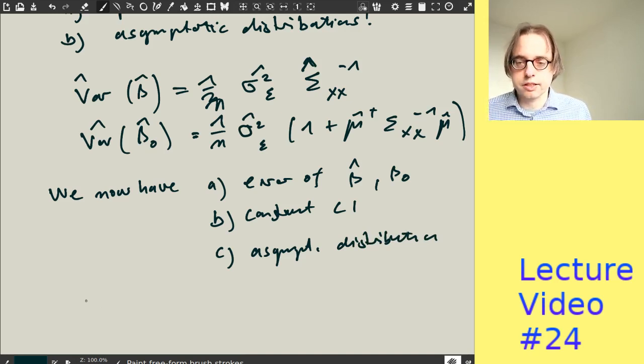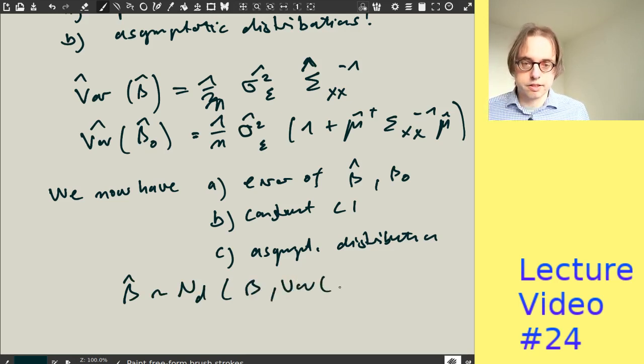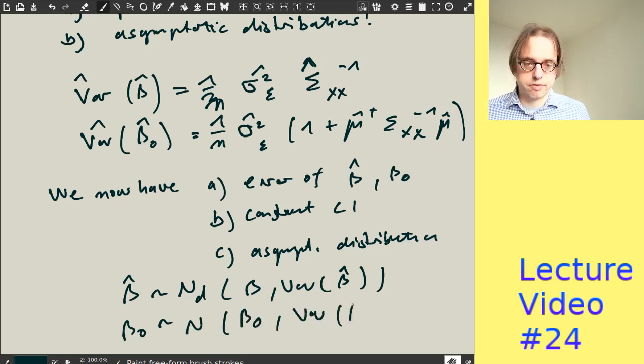So we know that beta hat is distributed as multivariate normal around the true beta with the variance of beta, and beta naught hat is distributed normally around beta naught with the variance of beta naught.